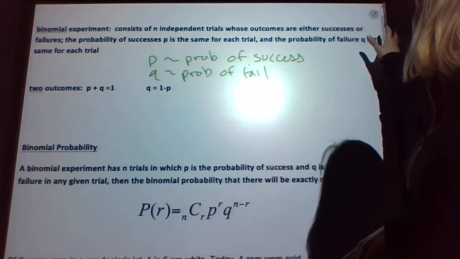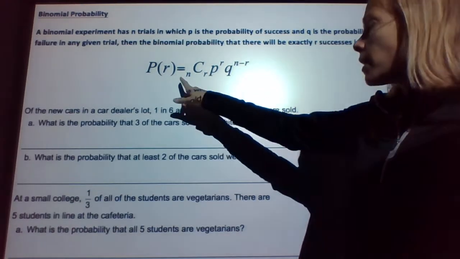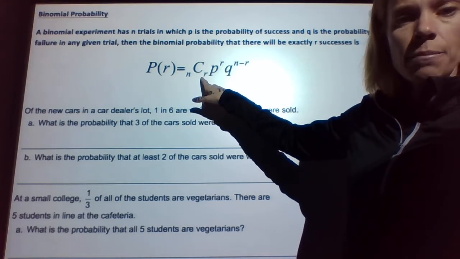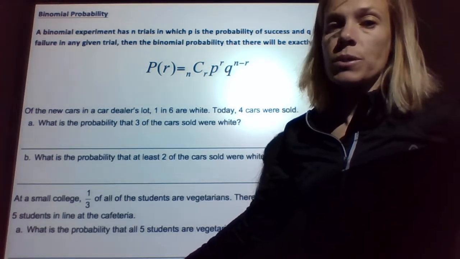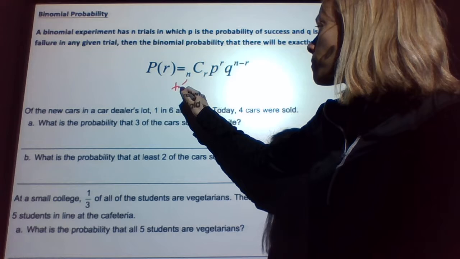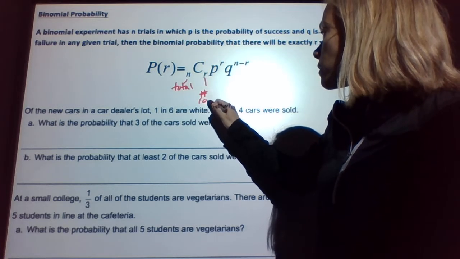Okay, so here's your formula, binomial probability. And this should look familiar right here. This is a combination, nCr. Just to review what those mean, n is your total, and r is the number considered.